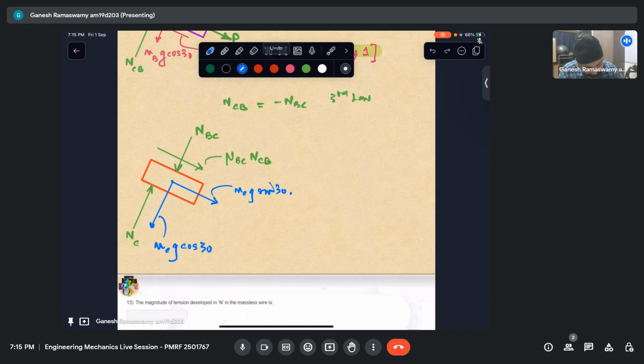Let me draw it in this color. Friction will be acting in this direction. Now this force, we take it to be F or Fc. This is important.